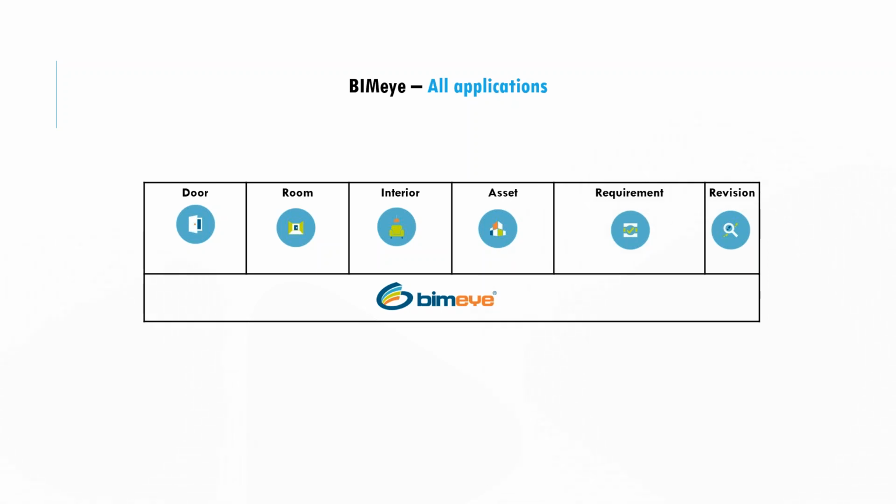To start up with BIMeye, you need a computer, of course, and you need a web browser. When you have the web browser, you just log into apps.bimeye.com, and then you will enter the BIMeye applications.